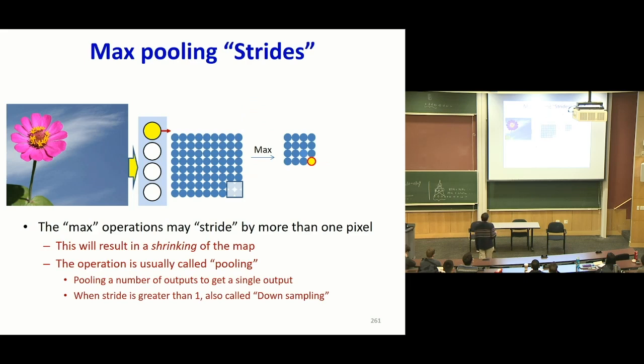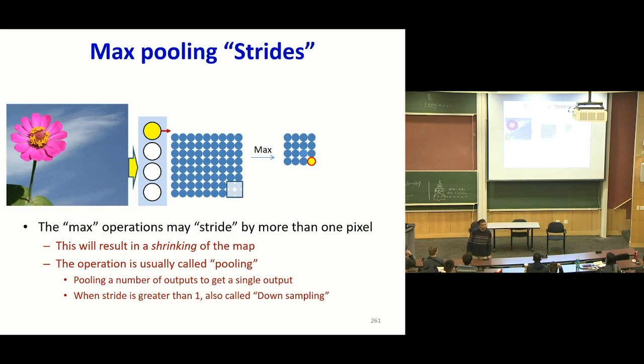Now, often when you actually perform the max, you're not going to be stepping one pixel at a time, but you'd be jumping over groups of pixels. You'd have large strides. And so typically these max operations result in a shrinking of the map, something that's called downsampling, because you're reducing the size of the map.